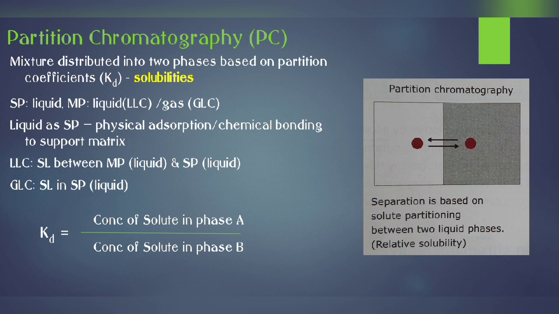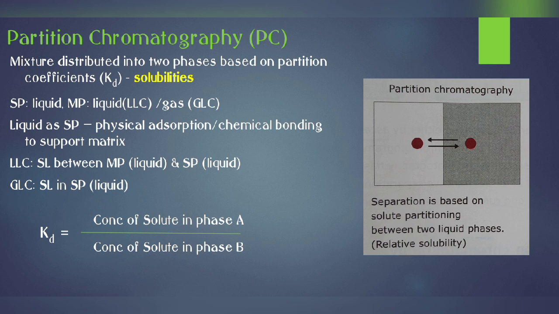The liquid stationary phase is physically adsorbed or chemically bonded to a support matrix. Then in liquid chromatography, the sample, that is our solute, is separated between the mobile phase and the stationary phase. Then in gas-liquid chromatography, the solute is distributed within the stationary phase.